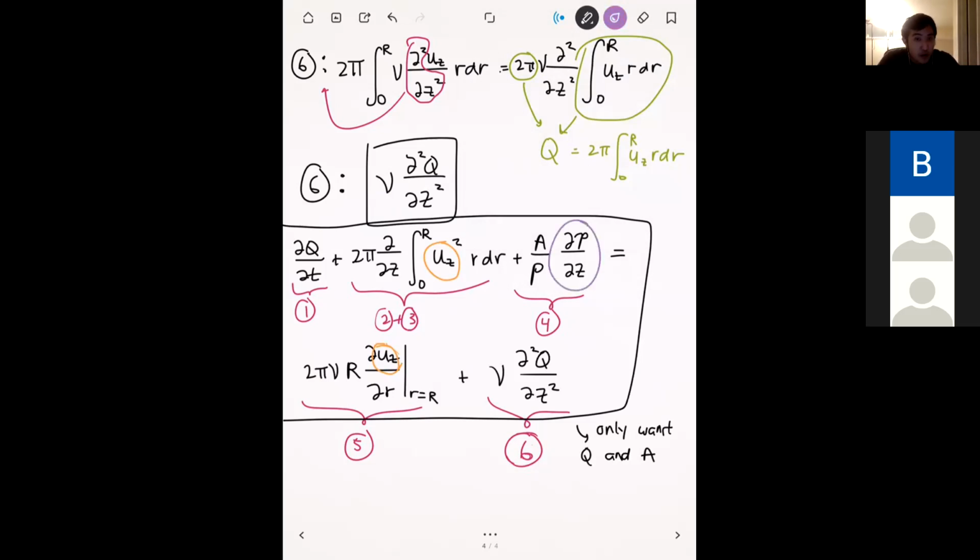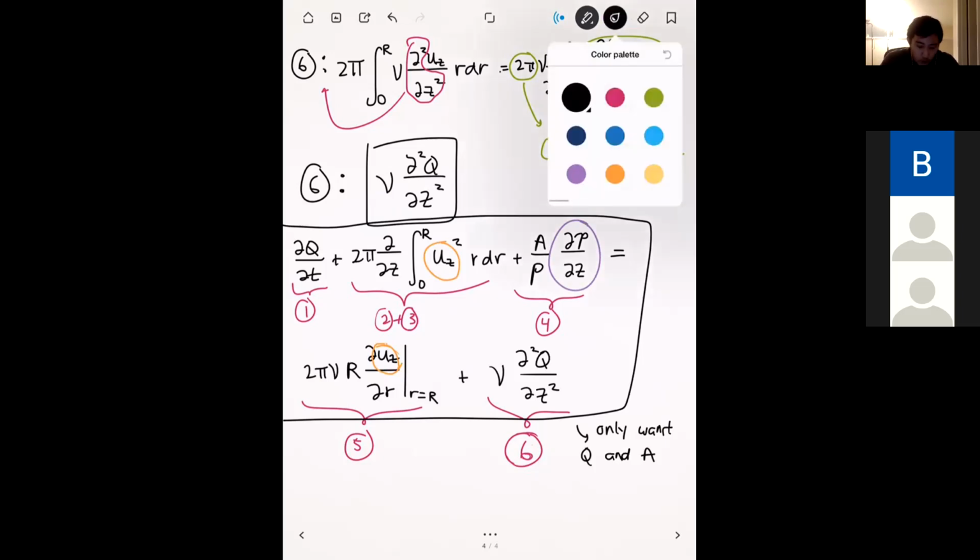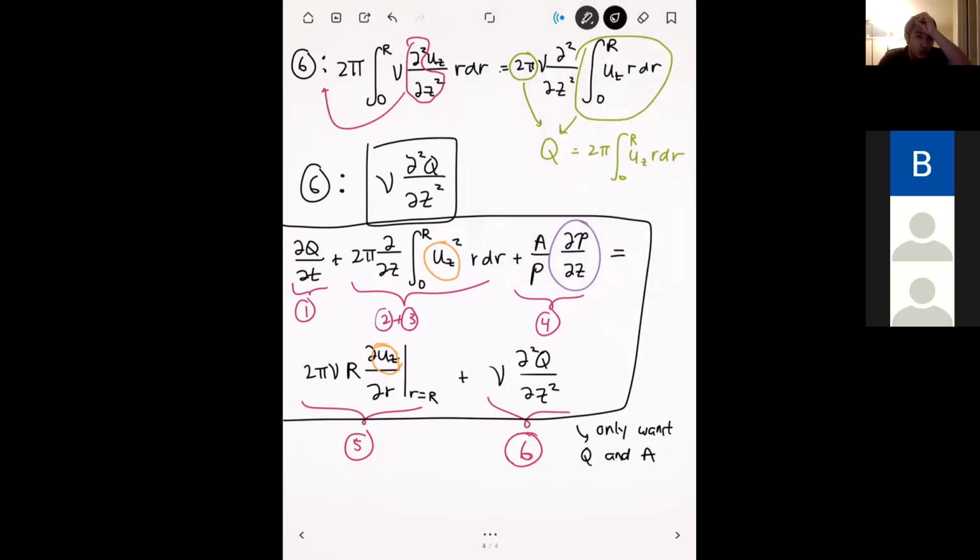And so right now those are the 2 terms that we want to eliminate, okay? And the way that we're going to do that is we're going to apply some additional assumptions and some additional equations to our model. So let's start with uz. Okay. The way that we're going to eliminate uz is that we're going to have to assume the shape of the velocity profile. Okay.